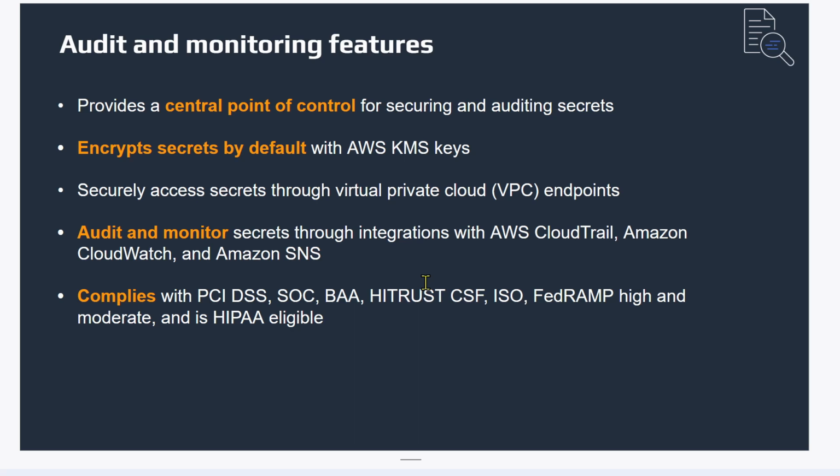Audit and monitor, that we have discussed, CloudTrail, Amazon CloudWatch, and you can even set up alarms and alerts if some unauthorized person accesses the secrets. You can have SNS alerts on that. Complies with PCI DSS, SOC, HITRUST CSF, ISO, you name it, they have it.